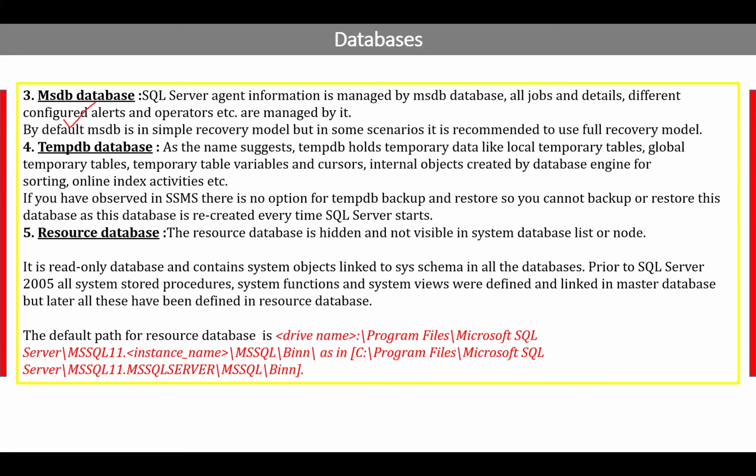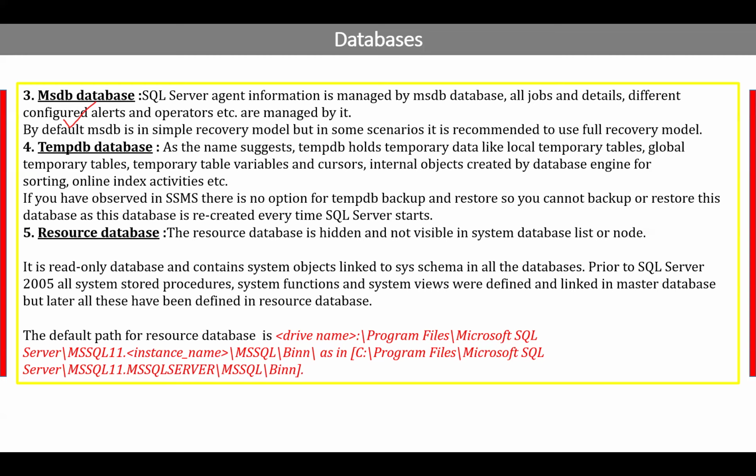In the 2005 version, Microsoft completely redesigned the code based on SQL Server only. At that time, Microsoft introduced one database called the resource database, which is the backbone for your master database. Got it, everyone?